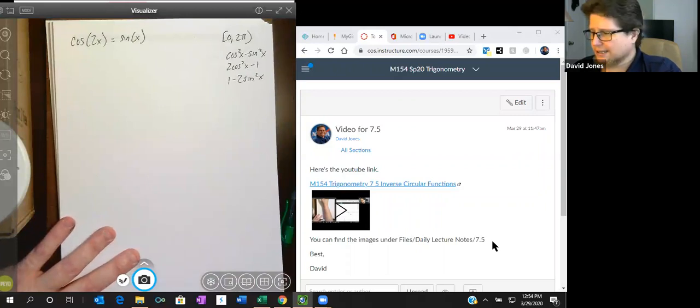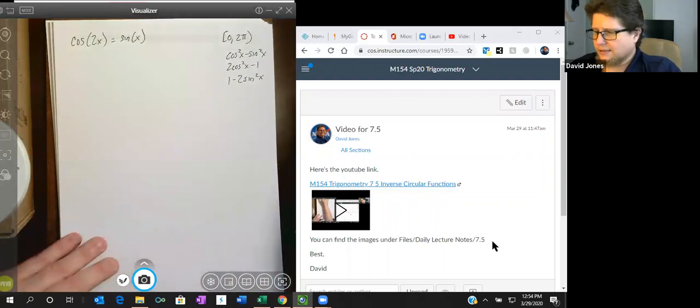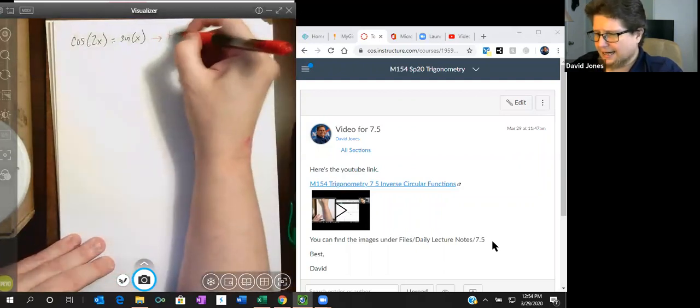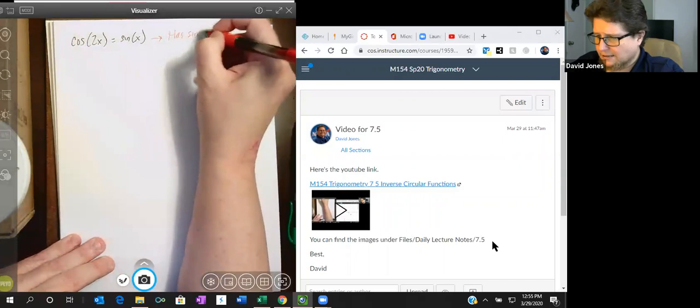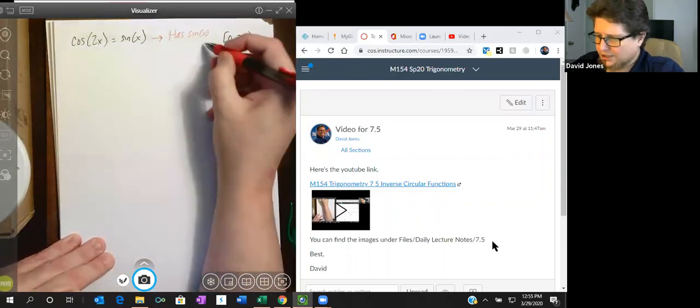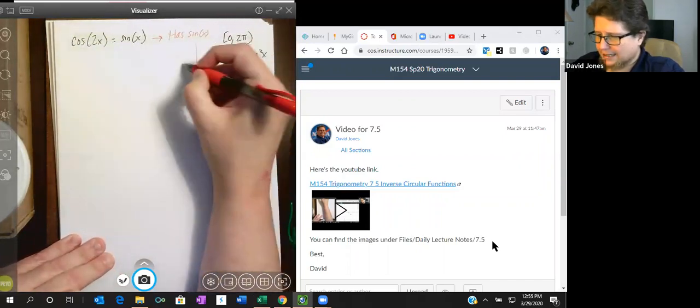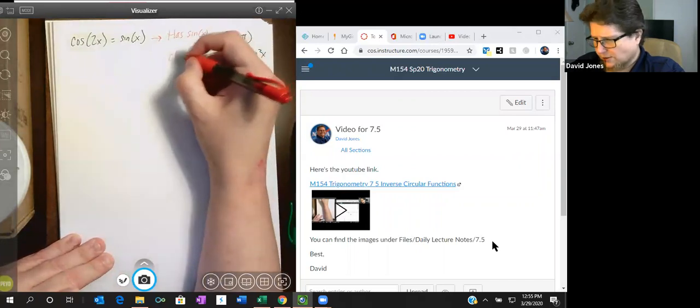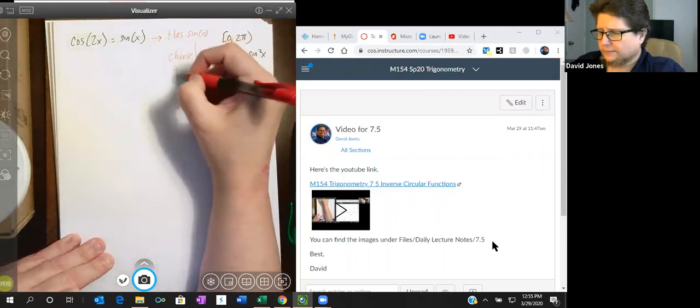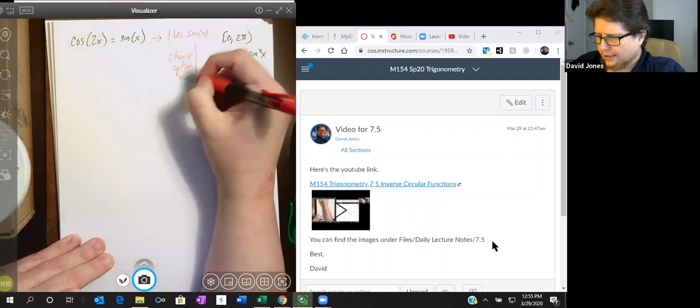Let's let the right side guide us. The right side has sine x. Let's choose the one that only has sine x.